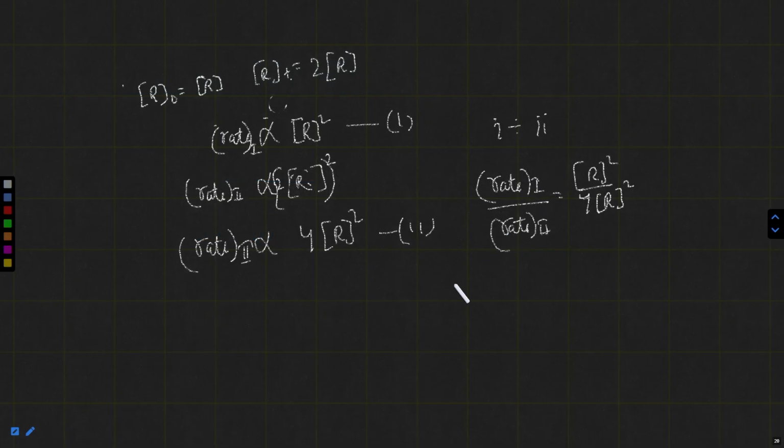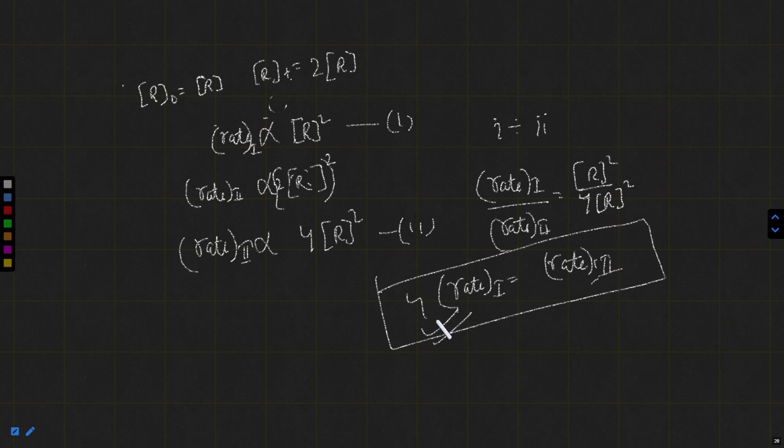This is the initial rate of reaction. You can see that the new rate of reaction, that is rate 2, is 4 times the initial rate of reaction. Okay, clear? You get it?